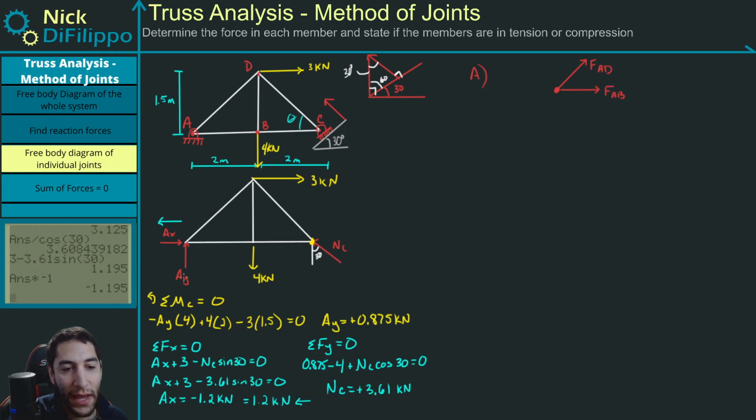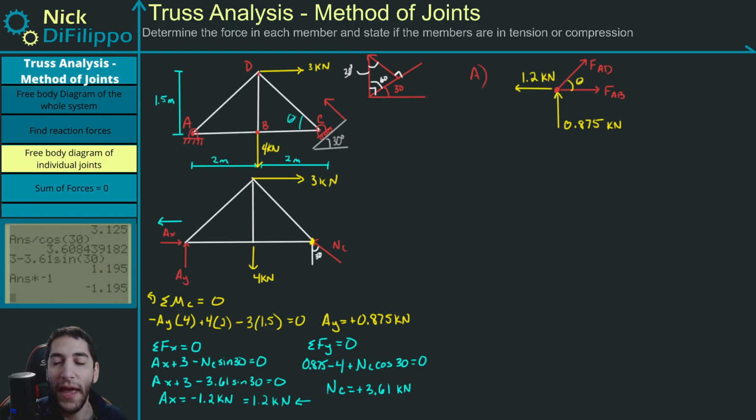I do know what AY and AX are. AY is pointing upwards, so AY is going up, and it's 0.875 kilonewtons. AX, we learned that it's pointing towards the left, so now we can draw it in like that. So if I draw it towards the left, I know that this is 1.2 kilonewtons.